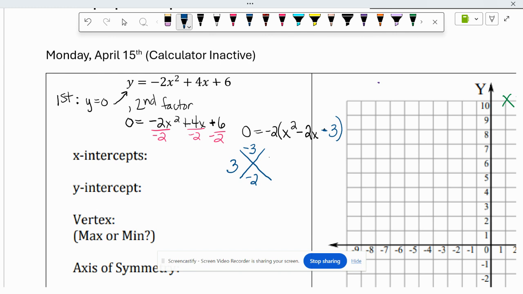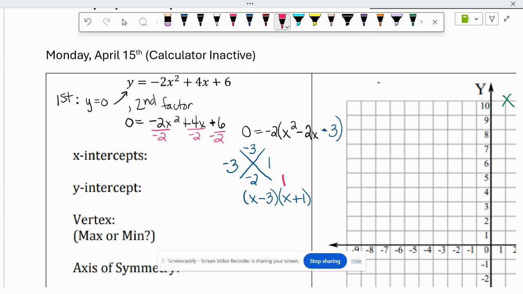There's no other factor. So one of these has to be negative and one of them has to be positive. Which one is it? Negative 3, positive 1. So this factors to x minus 3 times x plus 1.